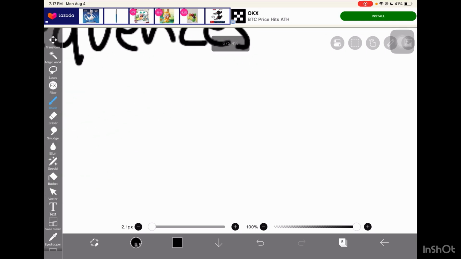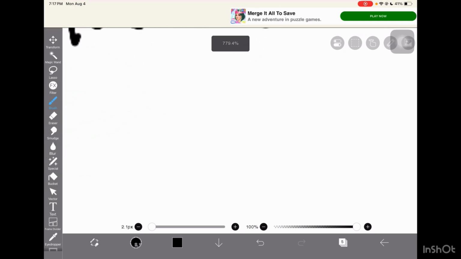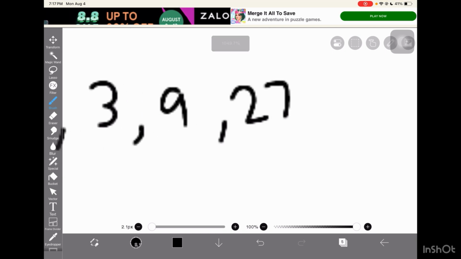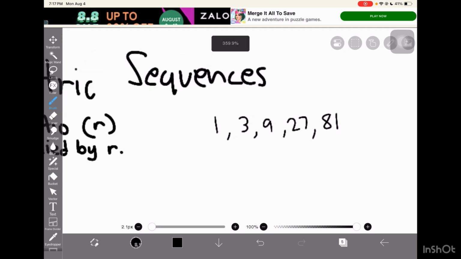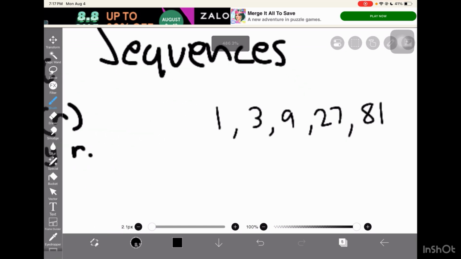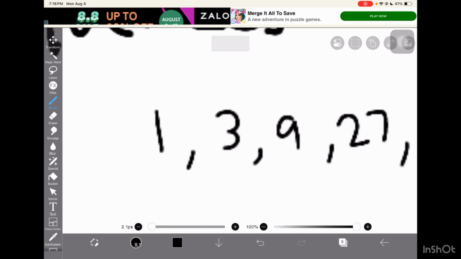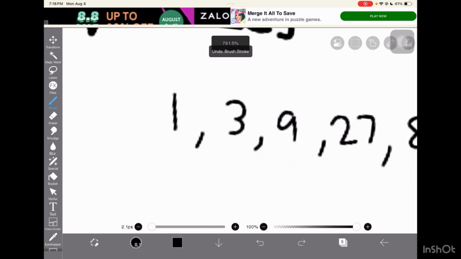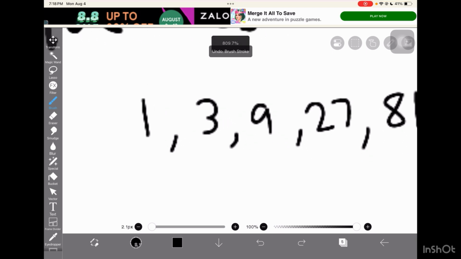An example of a geometric sequence would be something like 1, 3, 9, 27, 81. So how do we solve for the common ratio? Well, it's very simple. Just like how we subtracted two consecutive terms from each other to find the common difference in arithmetic, we are now going to divide these two terms by each other to find the common ratio.